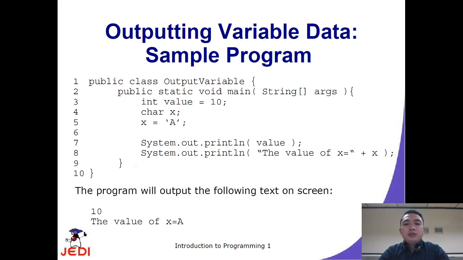Okay, example: we have public static void main, int value equals 10, char x, and then x is equal to a. When you want to print or display the value of a variable, you use the variable name, not the value itself, because you are referencing whatever value the variable holds.